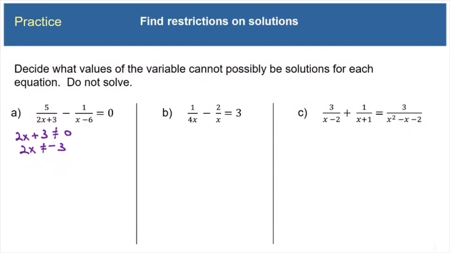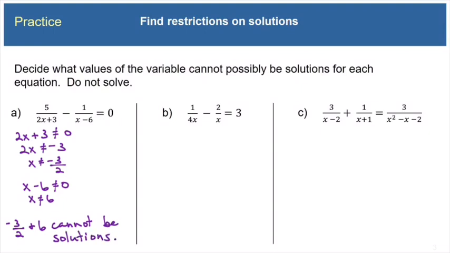Now I'll divide both sides by 2. That means that x cannot be negative 3 over 2. Let's do the same thing for this denominator. x minus 6 cannot equal 0. That means that x cannot equal 6. And so the two numbers that x cannot be for this equation are negative 3/2 and 6. Those two numbers cannot be solutions.